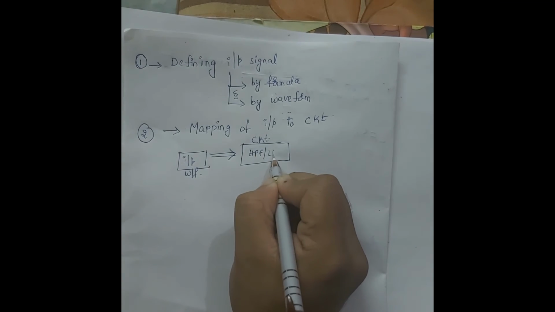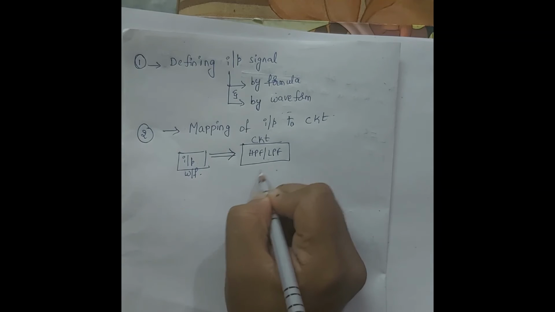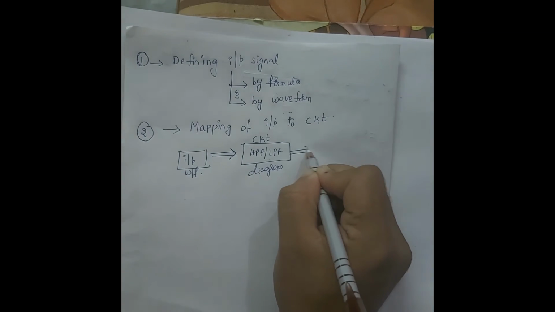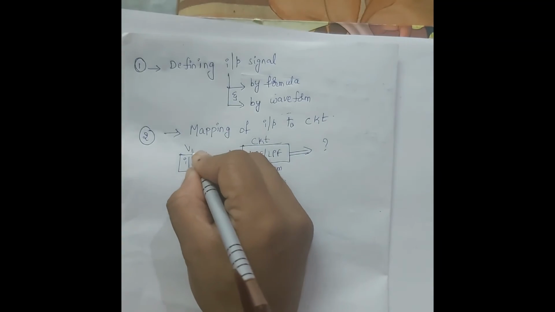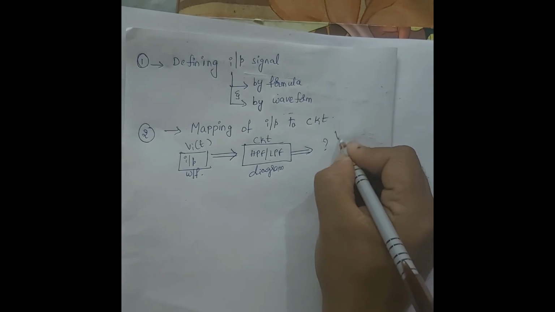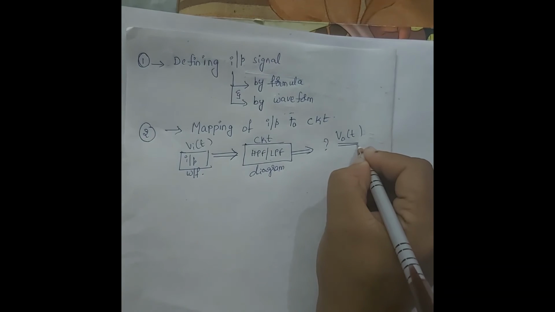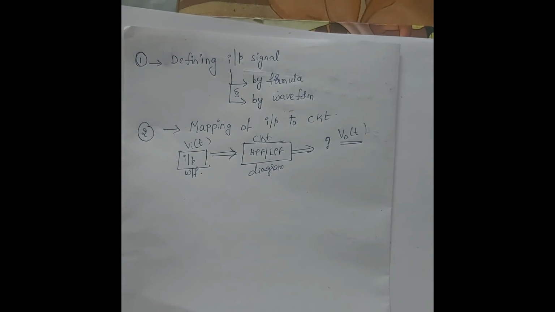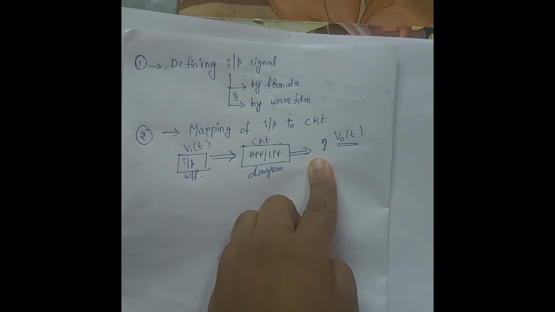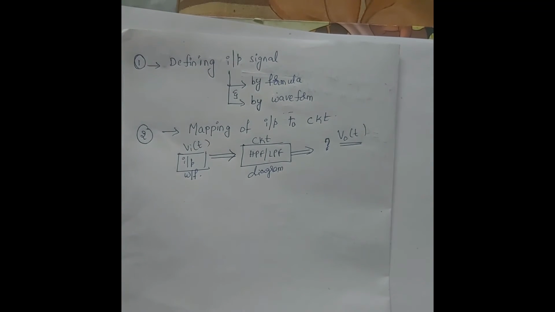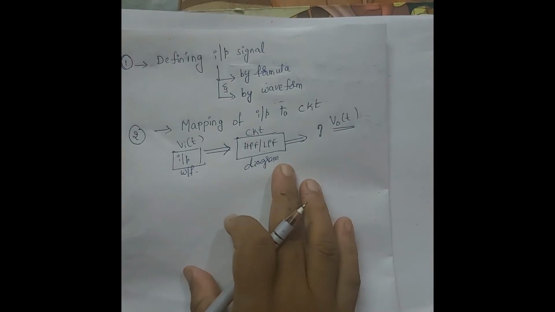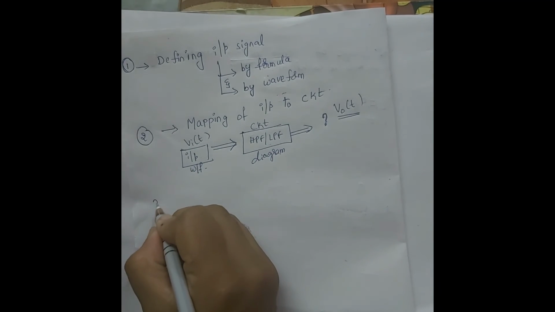Either high pass or low pass. That circuit diagram we are going to draw here, and what are we going to find? This is Vi of t, right? So we are going to find V0 of t. We don't know this V0 of t, so we simply put a question mark, and this question mark will be revealed after step 4. So this is mapping our input to the circuit.